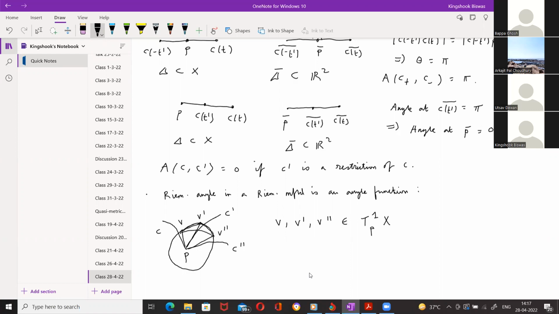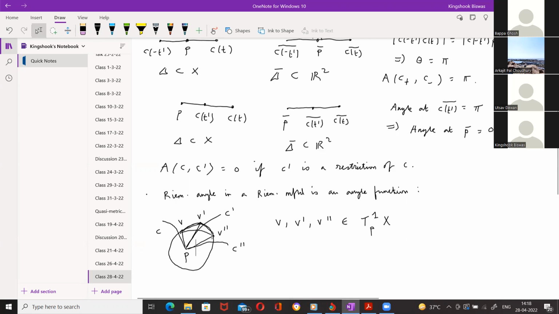Any questions? Is this okay? Which angle is smaller than what? Can you repeat? So the angle from V to V double prime is the arc length of the geodesic from V to V double prime in the unit sphere, right?